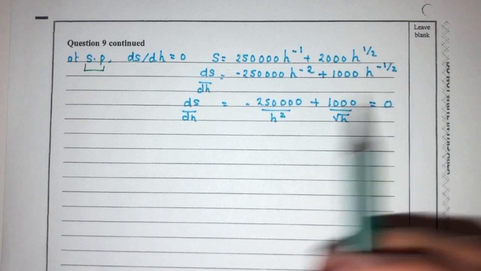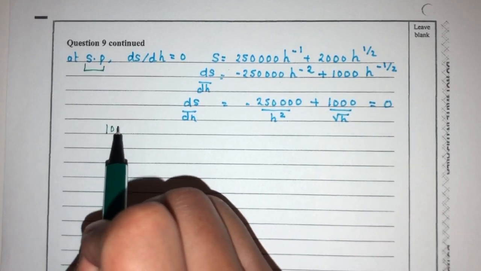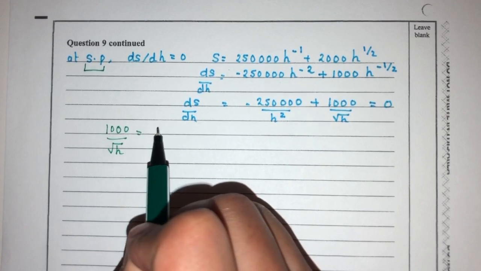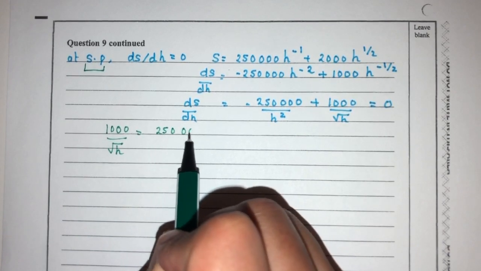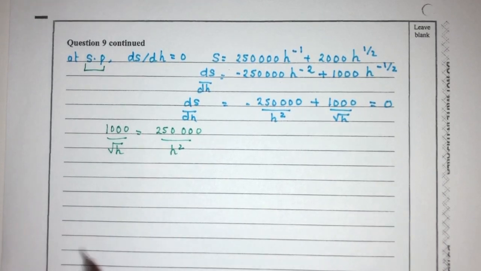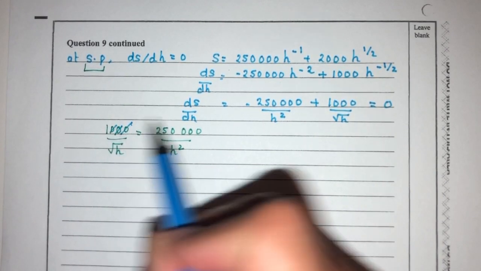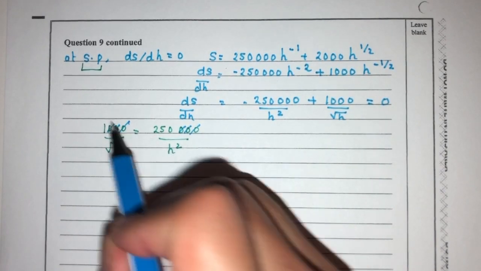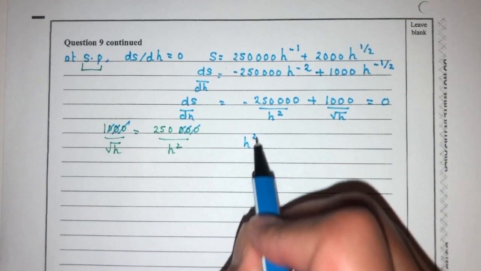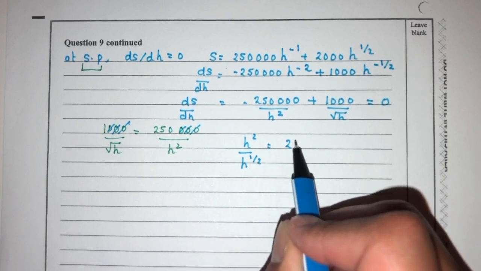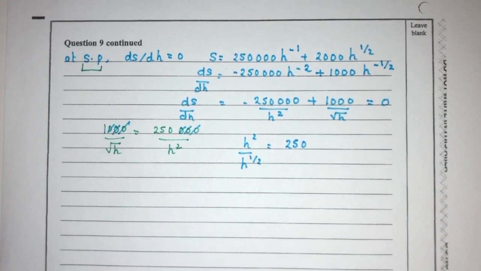Let me send this over here first. You will have 1,000 over root of H is equal to 250,000 over H squared. Now simplify. So the 1, 2, 3 zeros go away, and then I can send this over here. You will have H squared over H half should be 250, sorry.